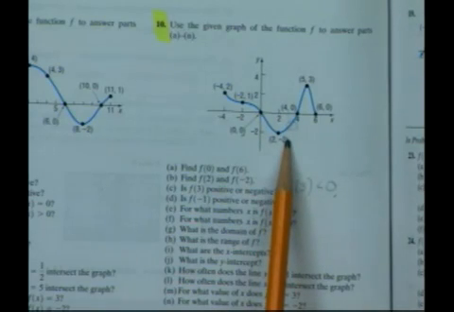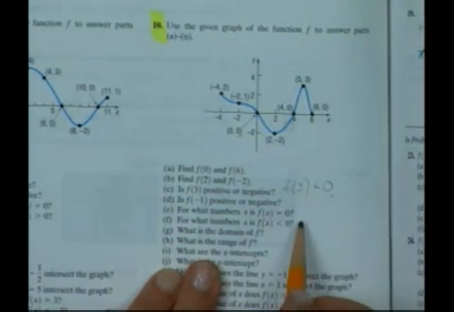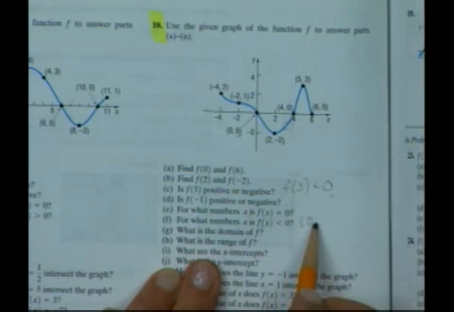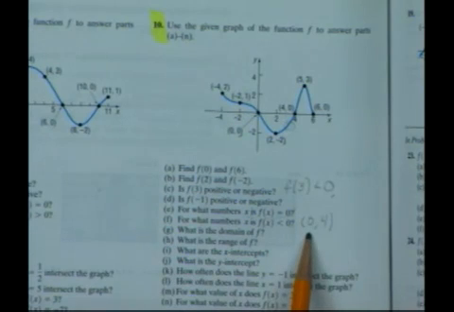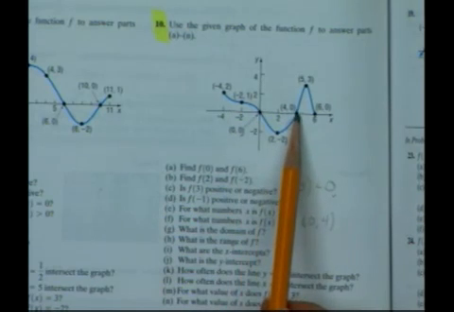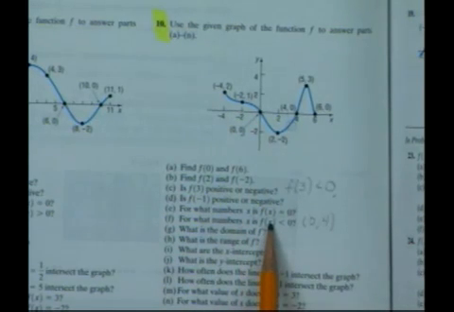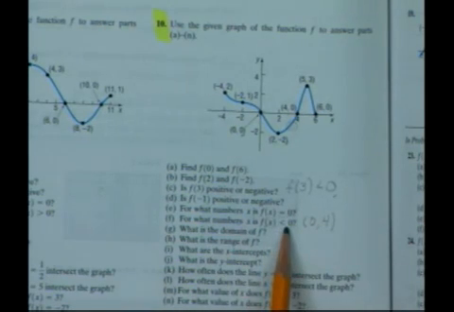How do you write that in interval notation? Parentheses 0, comma, 4. Why am I using parentheses and not a square bracket? Because it's open. At 0 and 4, the function equals 0. So if I did a square bracket, I'd be claiming that at 0, the y value was less than 0. Everybody got it?